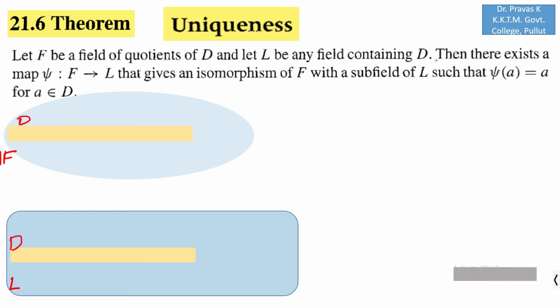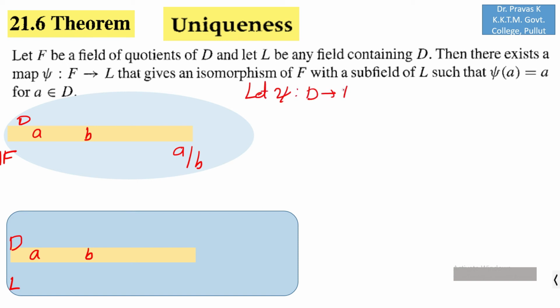Then we need to prove that there is a map psi from capital F to L that gives an isomorphism of F with a subfield of capital L such that psi of A is equal to A for every element A in D. So we can see that any element in capital F is a quotient of two elements A and B in D, and the same set of elements are available in L also.